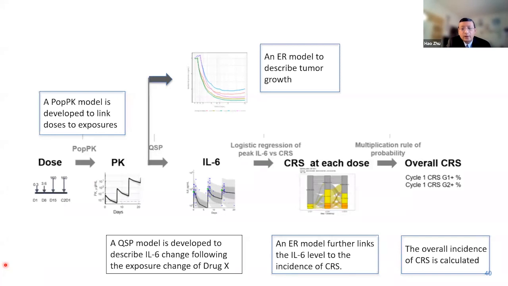A subsequent exposure response relationship was established to describe the potential of developing cytokine release syndrome with different grade levels based on the various levels of IL-6. The cumulative events of cytokine release syndrome can be calculated. In the meantime, a separate exposure response model was developed to link drug X concentration with the temporal changes on tumor size. And next one, please.